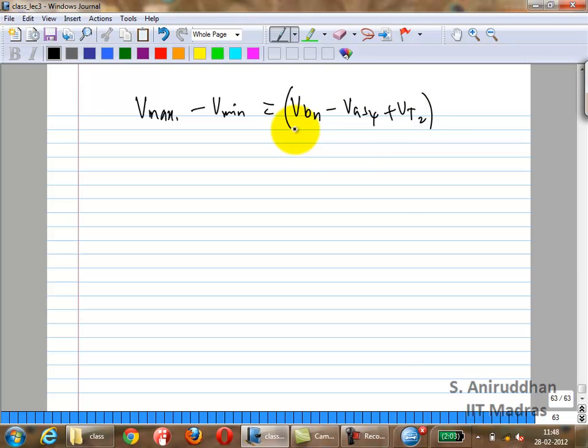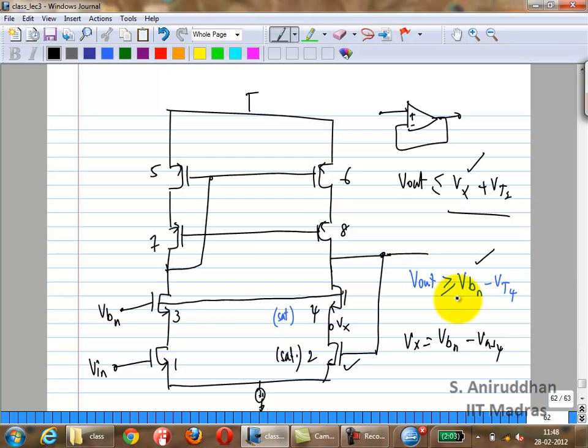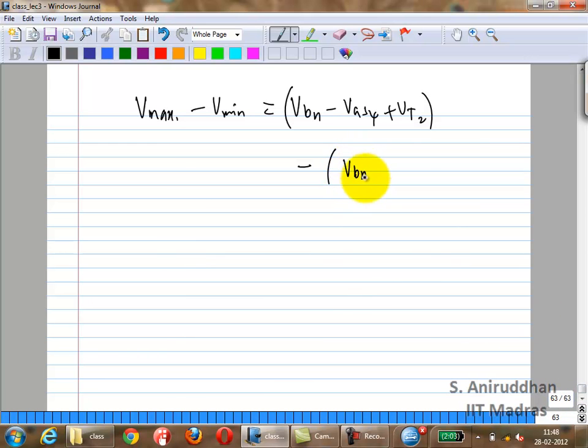Okay? Minus, what is the minimum value? VBN minus Vt4. What is this? Vt2. So, VBN gets cancelled.